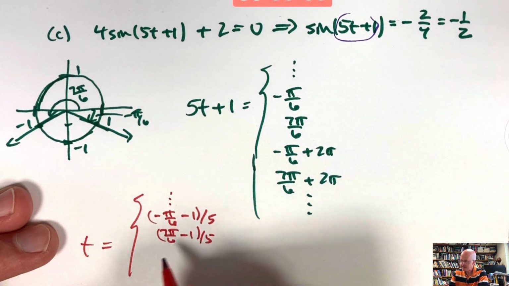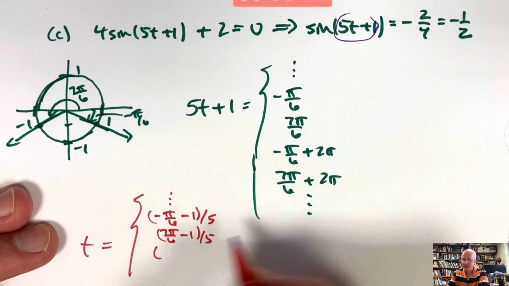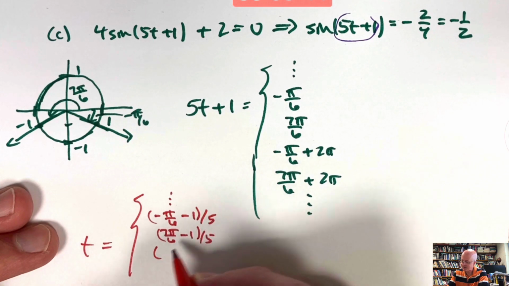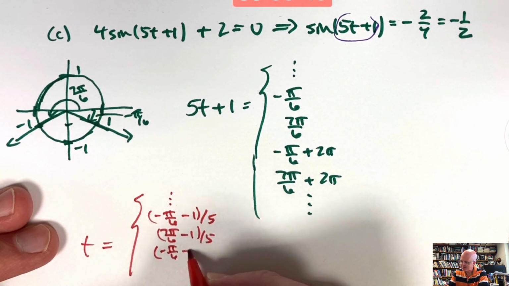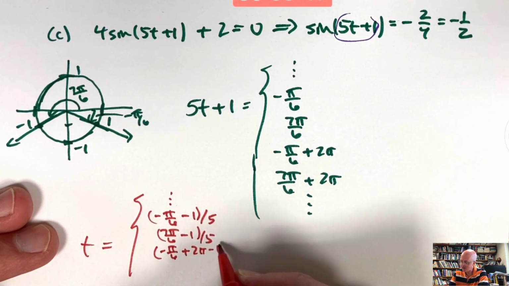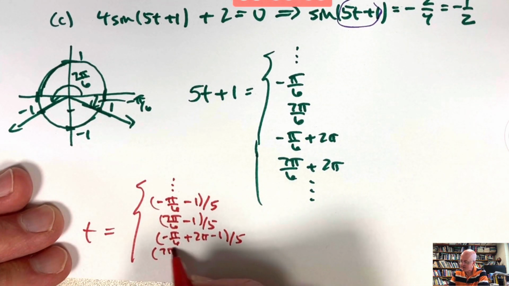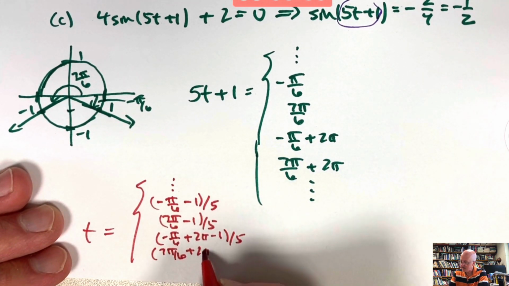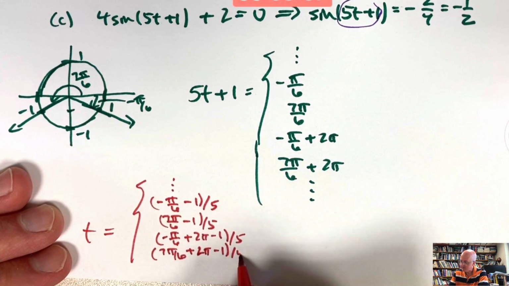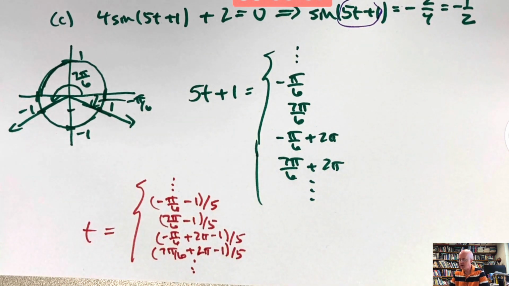I could simplify these things. I'm not going to take the time to. Negative pi over 6 plus 2 pi minus 1 all over 5. And 7 pi over 6 plus 2 pi minus 1 all over 5. Yes, you could simplify these. Maybe your teacher wants you to.